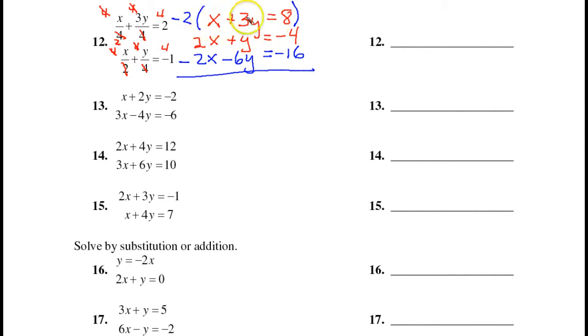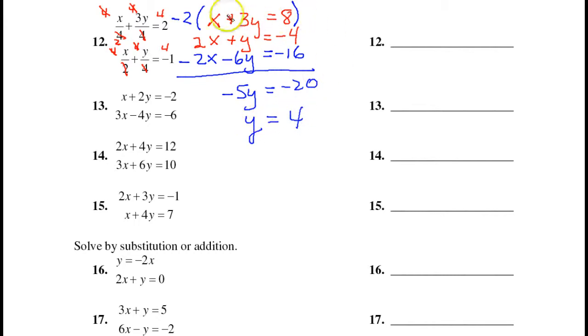Again, this is another equivalent equation, modified such that one of the terms will cancel out. So here I get a negative 5y equals a negative 20. Divide both sides by a negative 5, I get y equals 4.